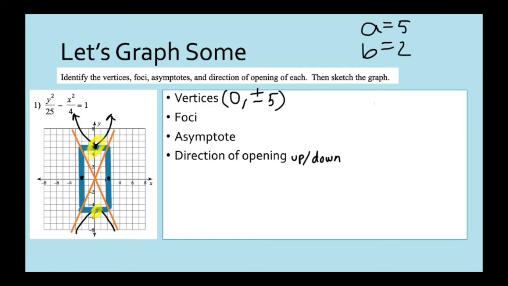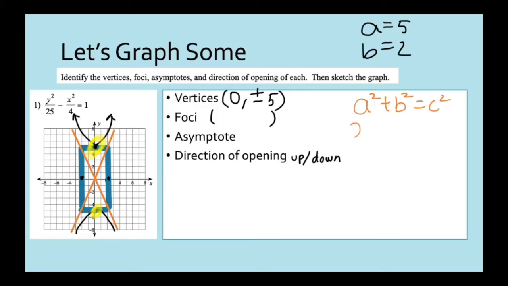Let's now do the foci. We're now going to find our foci. Our foci are related by a formula. If you remember, that formula was the Pythagorean theorem, a squared plus b squared equals c squared. Our a and b values are right there, and we could have just found them from our a squared and b squared values right there.